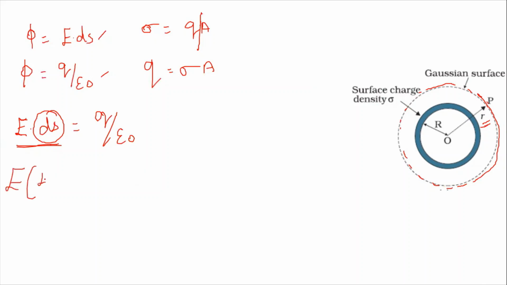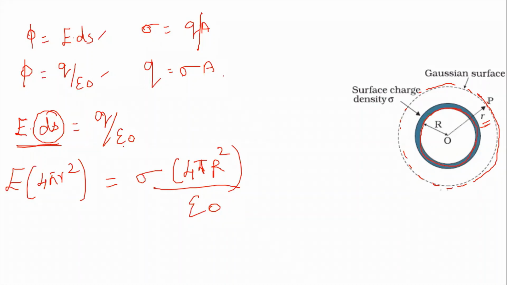So E into 4 pi small r square will be equal to Q by epsilon naught. Q is equal to sigma A, and the area will be the area of the spherical shell, that is 4 pi R square. The charge is enclosed in the spherical shell, so we are taking the area of the spherical shell here, divided by epsilon naught. We have substituted ds and Q in this formula.